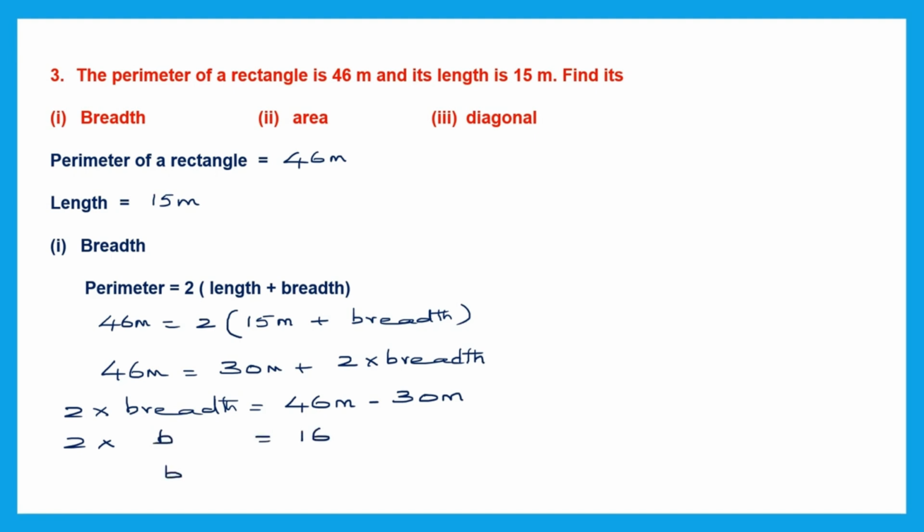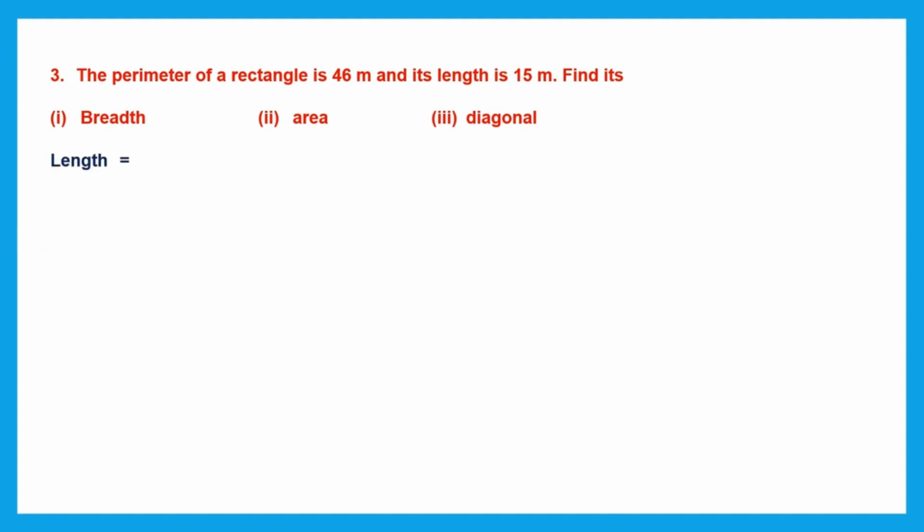So breadth is equal to 16 divided by 2. So cancel, 2 8s are 16. So breadth is equal to 8 meters. So this is the answer to our first question. Now we know the length 15 meters, we know the breadth 8 meters, we can find the area. So let's do that.